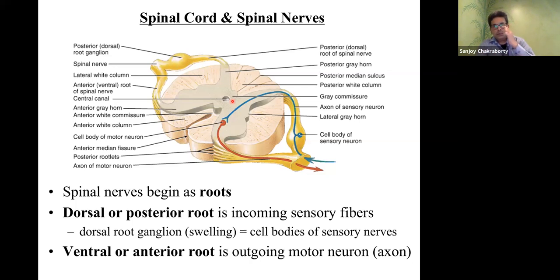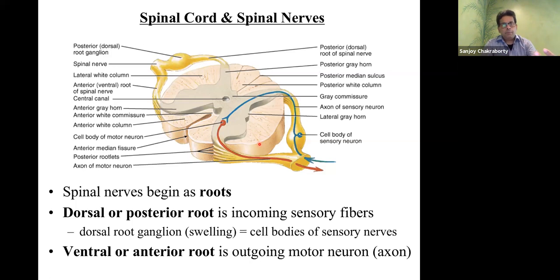So the oval shaped canal is lined with ependymal cells, one of the neuroglial cells or supporting cells in the CNS, and filled with cerebrospinal fluid. You can take that note because it is not written on this particular slide. So that gives us the entire structure of the spinal cord.